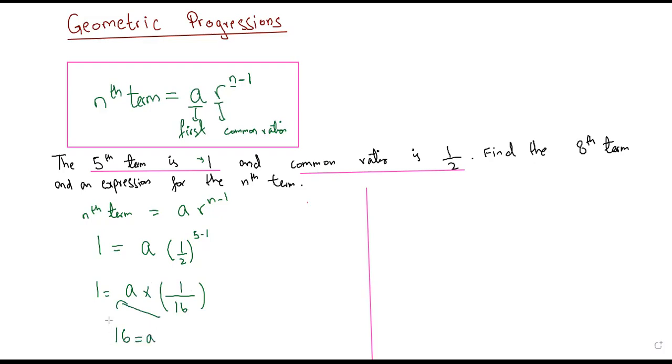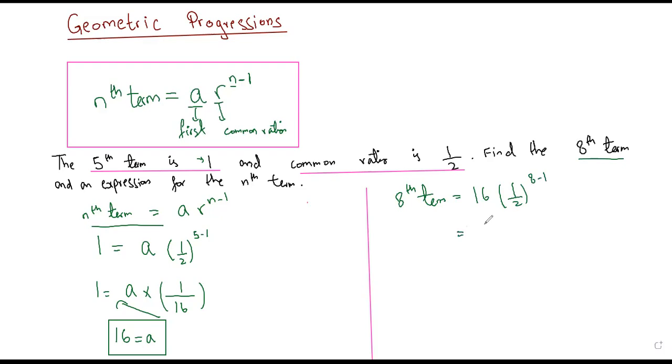Okay, that is good. Now they want me to find the 8th term. Again, I'm going to use the same formula. So I'll do it directly now. I need to find the 8th term where a is 16. I've just calculated that. r is 1 by 2 and n is 8 minus 1. We have that in the formula.